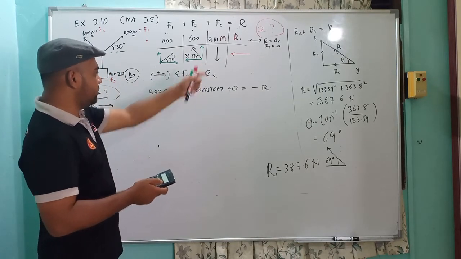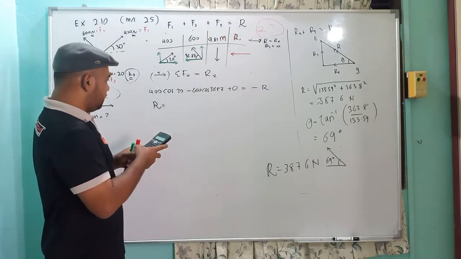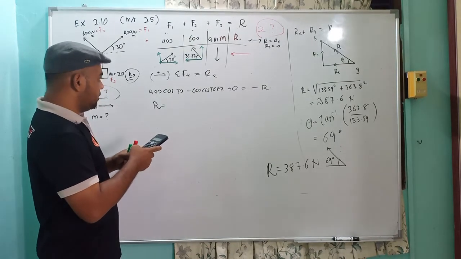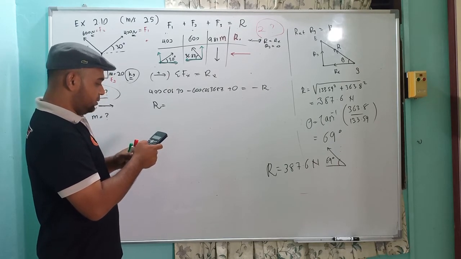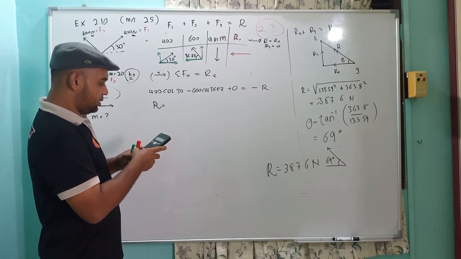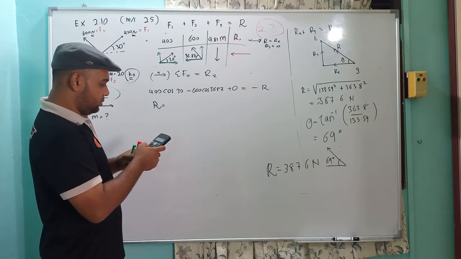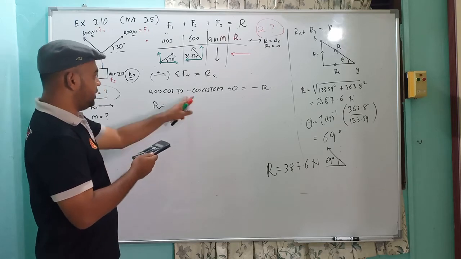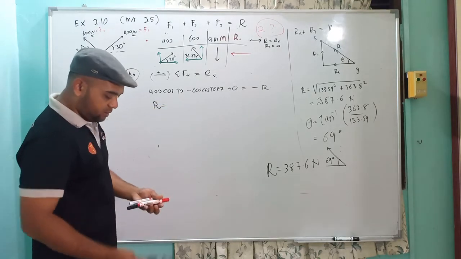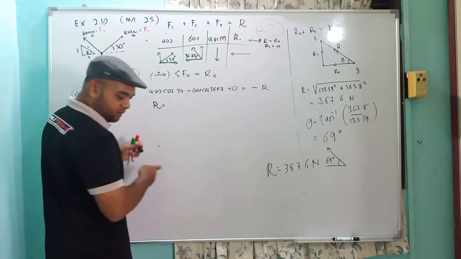It said horizontal, but what is the value? So 400 cos 30 equal to minus 600 cos 36.87. So you have 133 minus, this is minus, so R is positive 133.59.